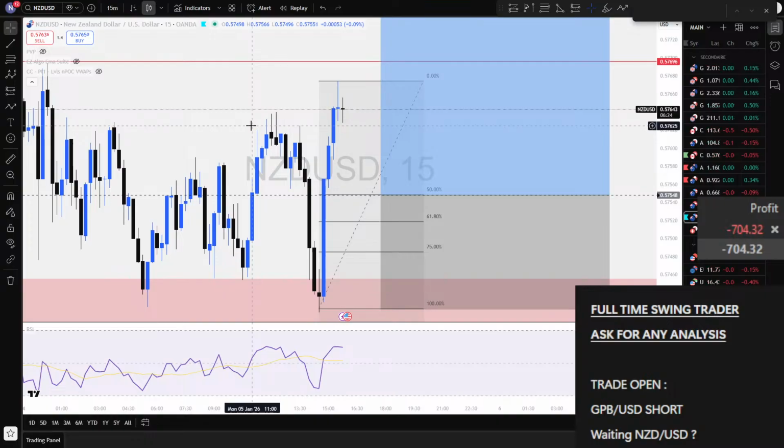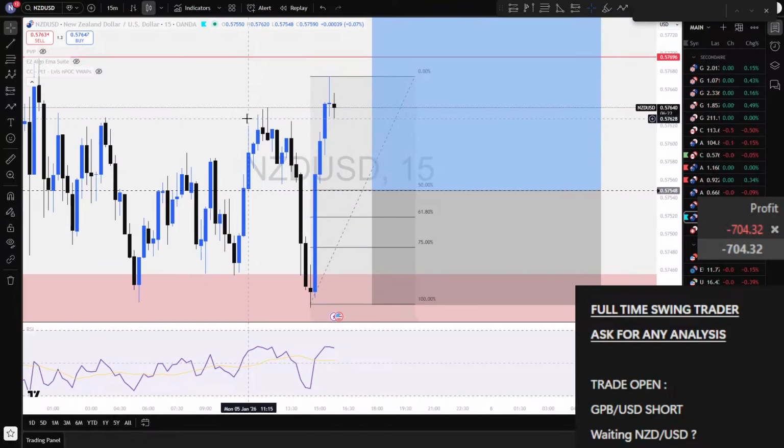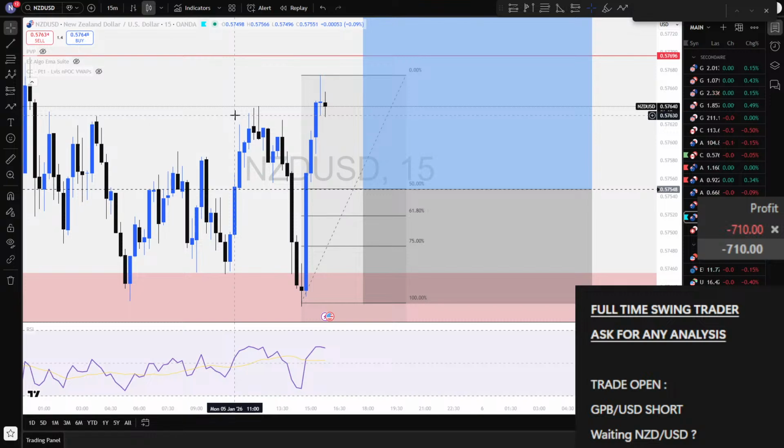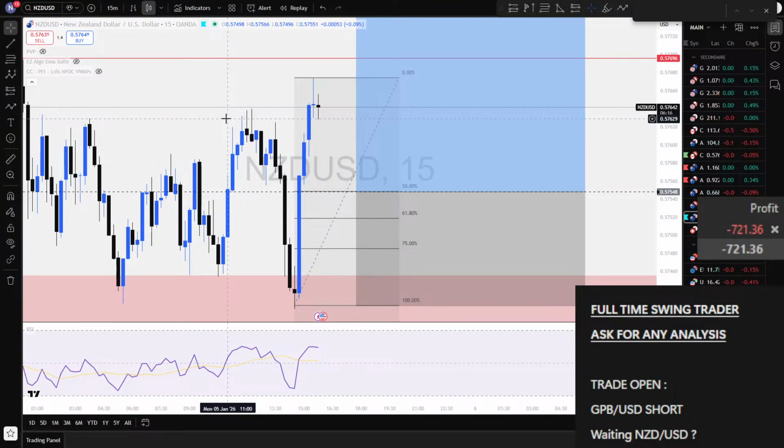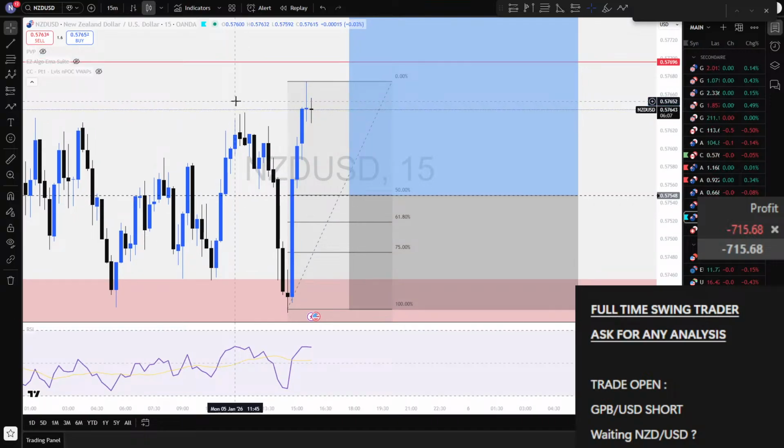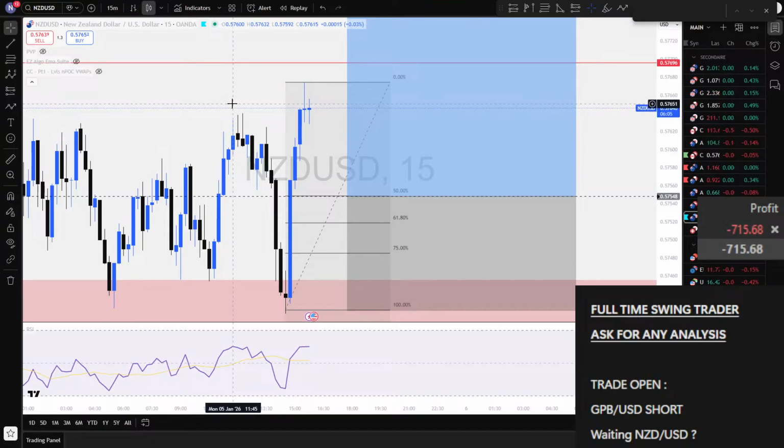I just hope the news gave me my pullback with NZD/USD. I don't think it's a bad trade either way. Even if it stopped me after that.